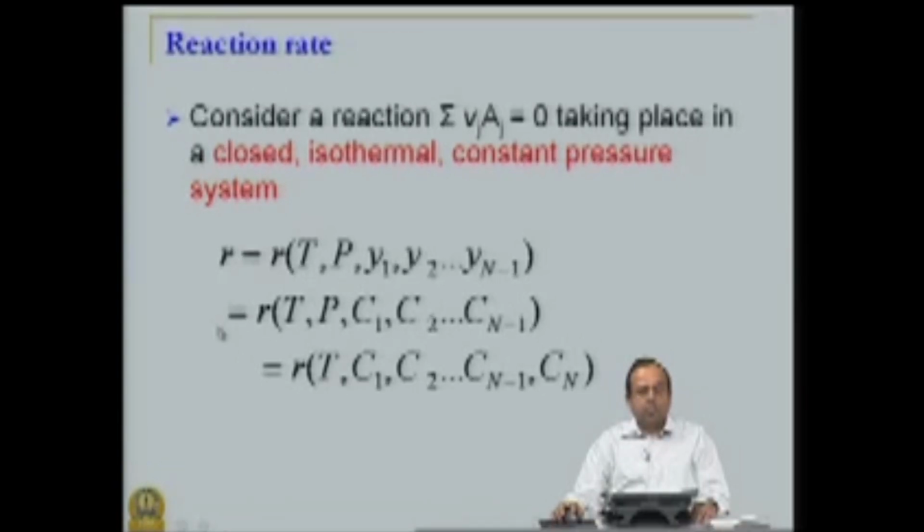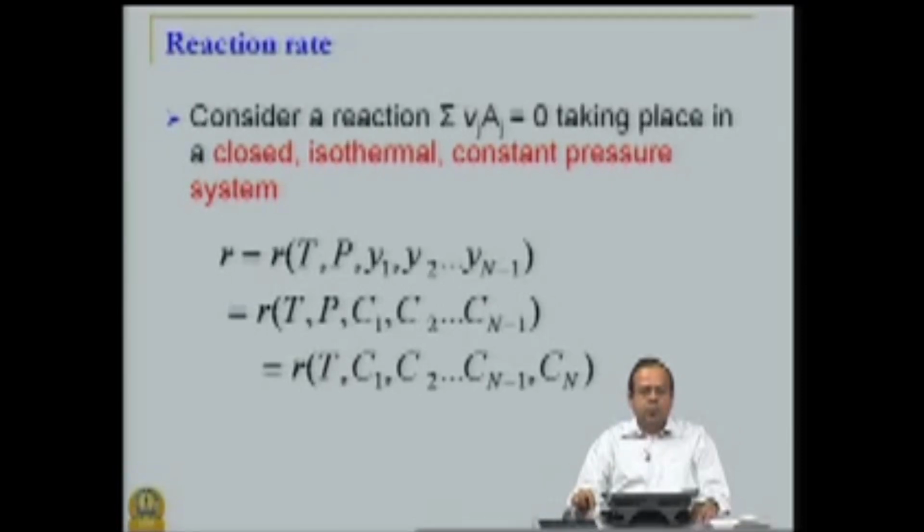Recall that in our discussion on thermodynamics, we talked about how equilibrium constant and therefore extent of reaction depends on operating conditions. Now, our objective is how this rate depends on operating conditions, and we could choose various different ways in which we could express this dependency.